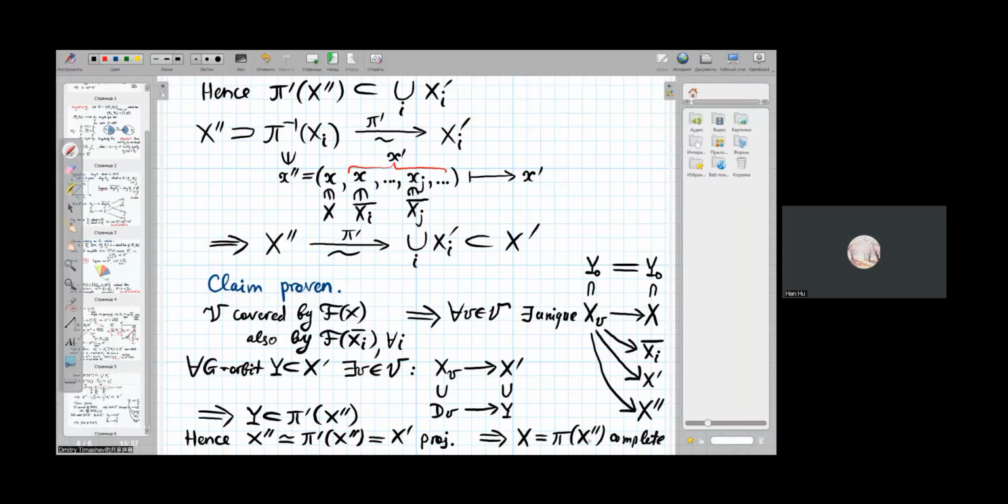The image of a projective variety under a morphism is complete. And this ends the proof. So finally, we proved the inverse implication. This ends the proof.